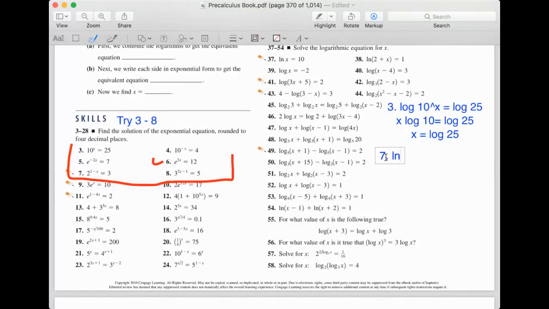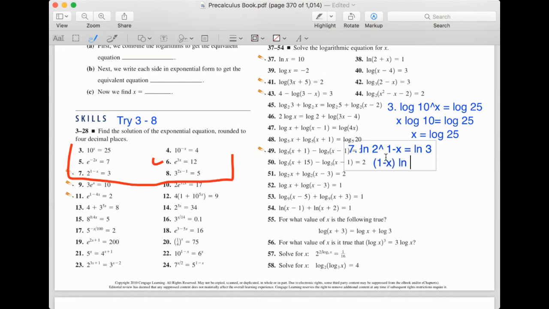Number 7, let's put ln on both sides. We would have ln of 2 raised to 1 minus x equals ln 3. Then we move down the exponent. So we have 1 minus x. Now the exponent has 2 terms, so we put parentheses around it.